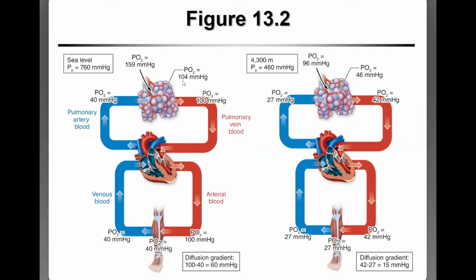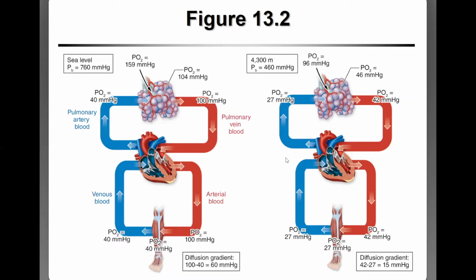And then the 105 or 104 millimeters of mercury is going to drop to 100, and this is a result of the direct oxygen use of the lungs or the pulmonary system. So by the time the arterial blood is circulated through the systemic circulation, the partial pressure of oxygen is 100 millimeters of mercury. The partial pressure of oxygen leaving the tissues is 40, and this leaves us with a gradient of 60 millimeters of mercury, where we just subtract 100 minus 40.